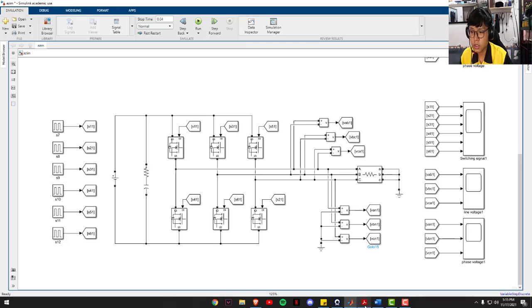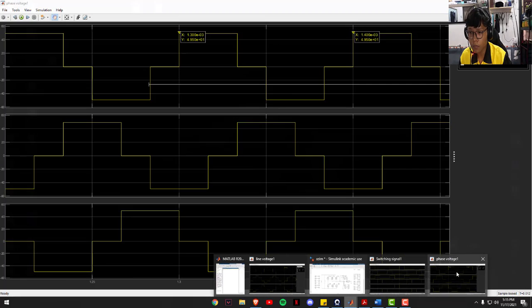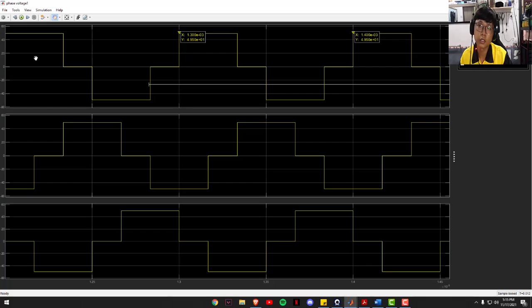In the simulation, we know that Vs is equal to 100, so VAN equals 50, VBN equals negative 50, and VCN is equal to 0. As we use the peak finder, the value is 4.95, or 49.5 volt. This is because of the internal resistance. So that's all for phase voltage.